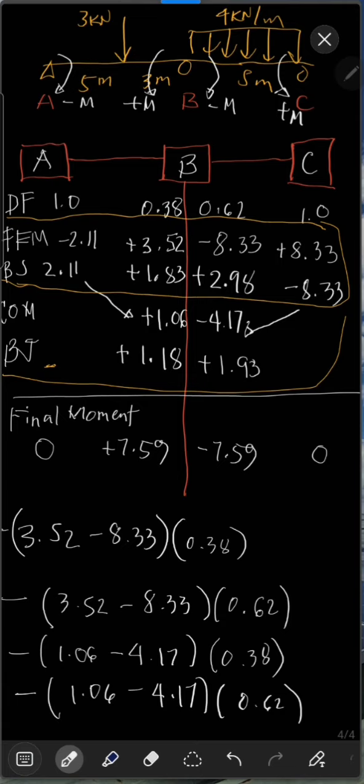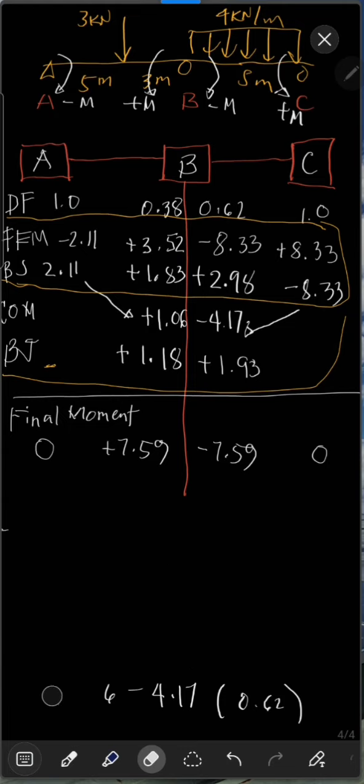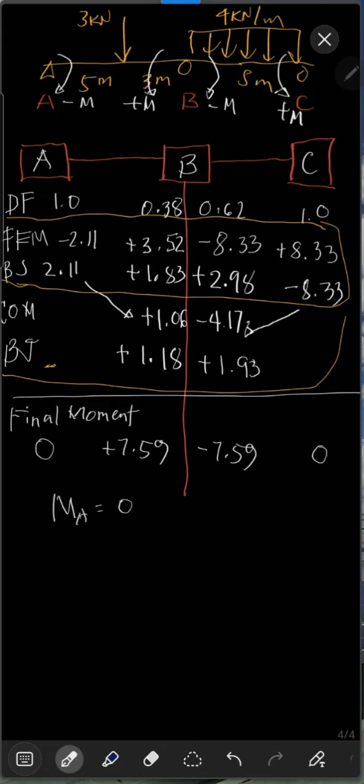Okay, so we have the value for moment at B. Internal moments are usually negative moments, so the negative value prevails at point B since it is internal. Therefore, moment at A is equal to 0.